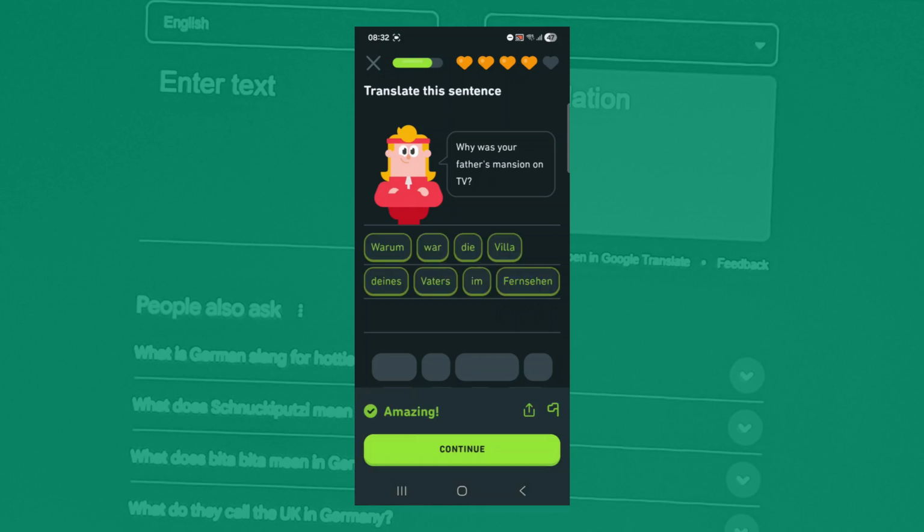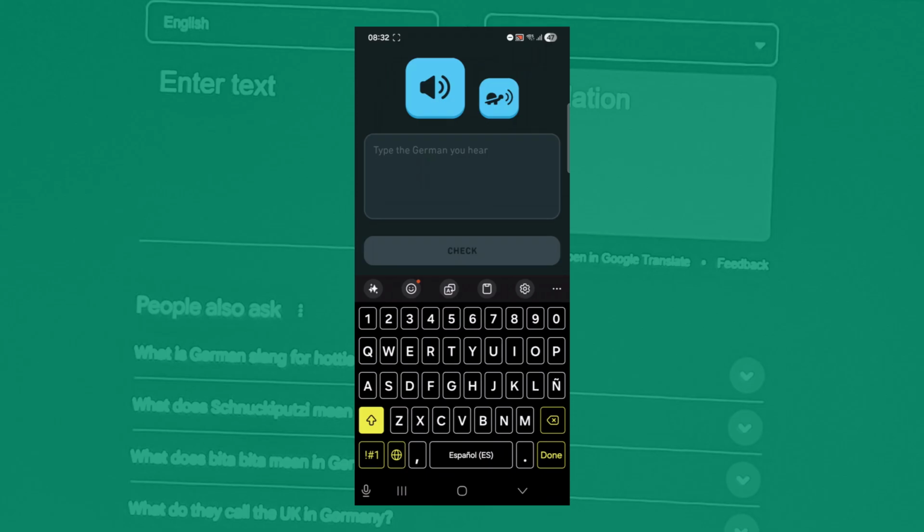So mansion is a villa. Die Augen seines Babys sind blau.